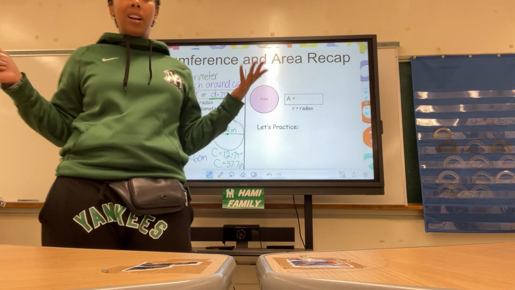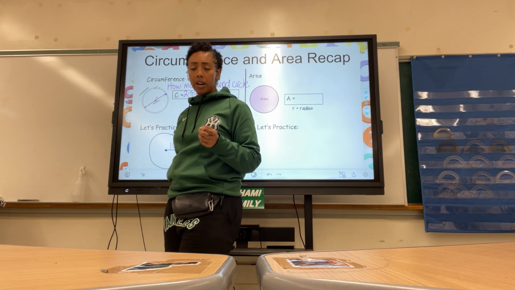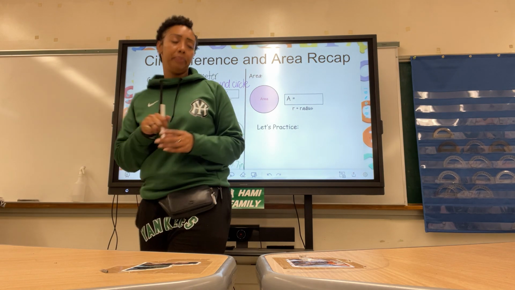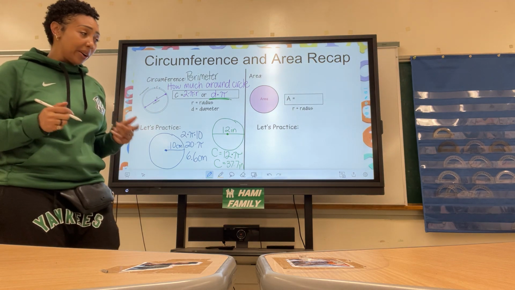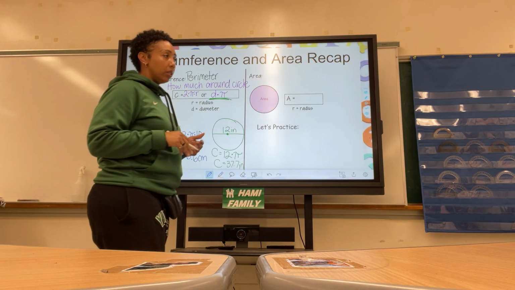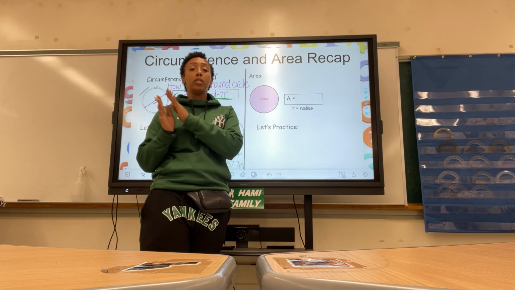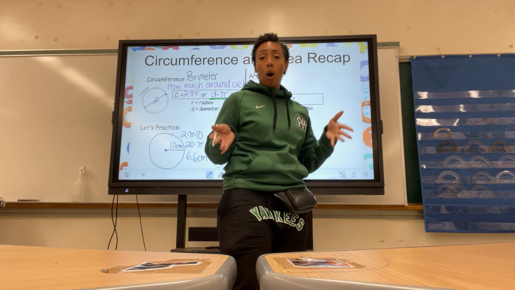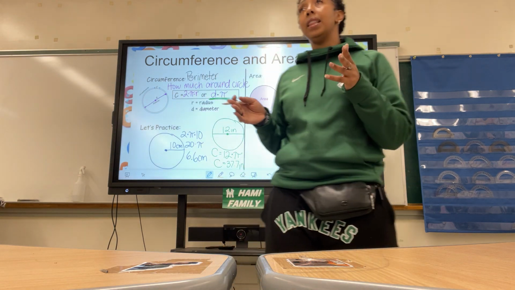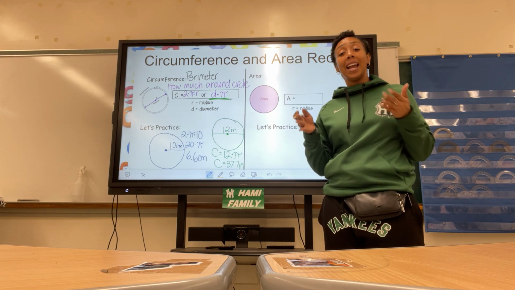So if you're ever asked how much fence you need around a circular garden, that's how you use it. Now, the second thing we're going to talk about is area. If you've ever learned about area for any other shapes, all that is, is how much it takes to cover a flat surface. For example, if I had a wall and I wanted to paint that wall, how much paint I would need is the area.